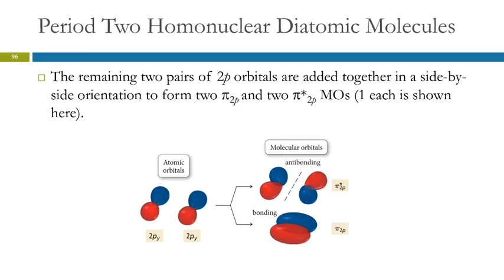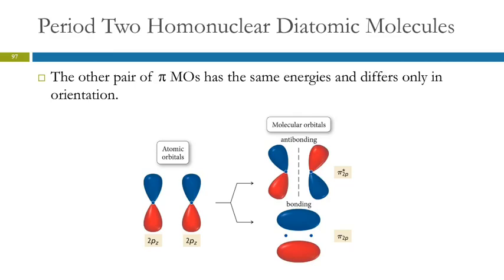Here we're trying to look at it three-dimensionally as coming at us, and here we're looking down on top of it. And so here we see even more clearly that that's a pi. It's like a pi bond in valence bond theory. So again, pi 2p and pi star 2p.